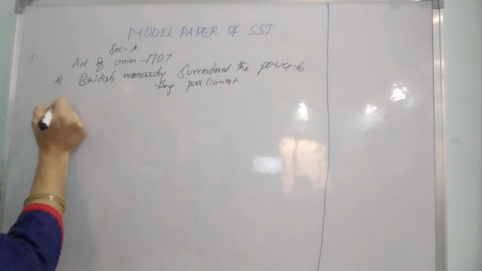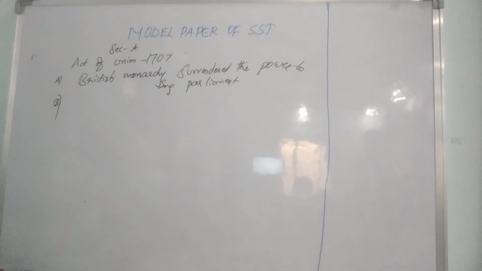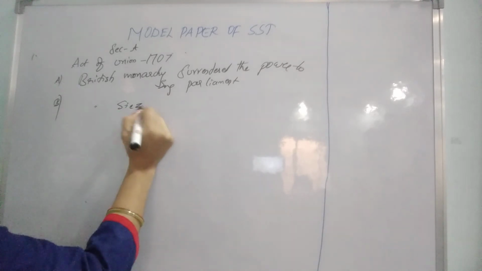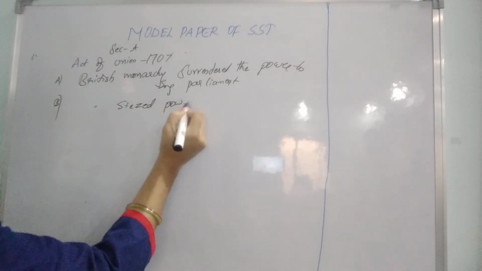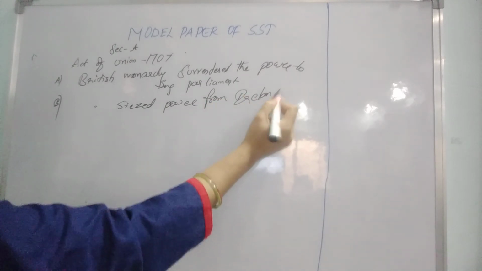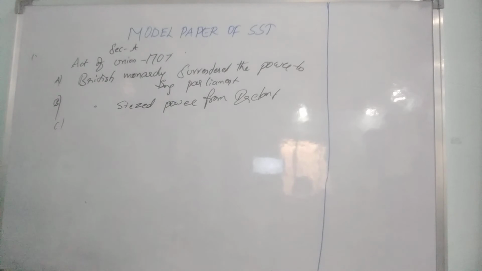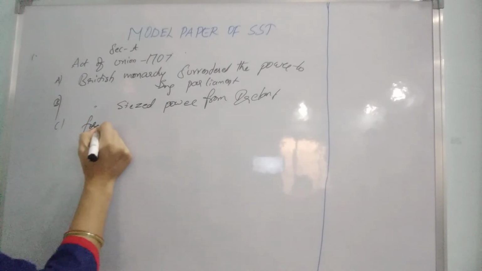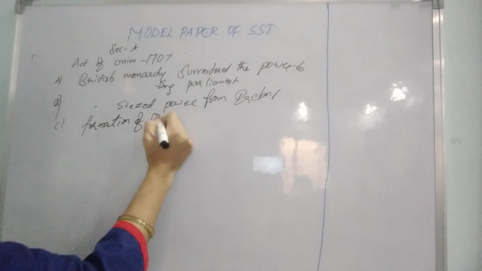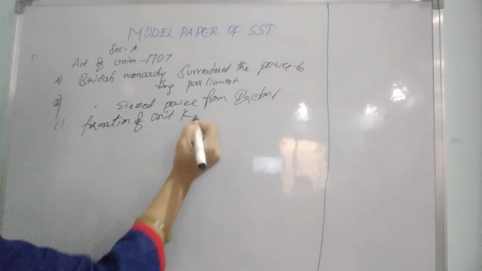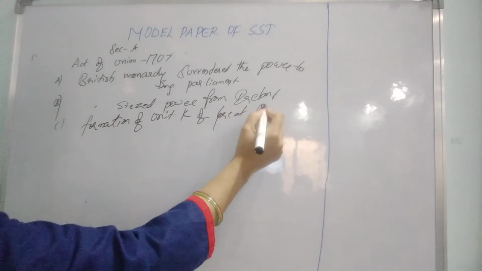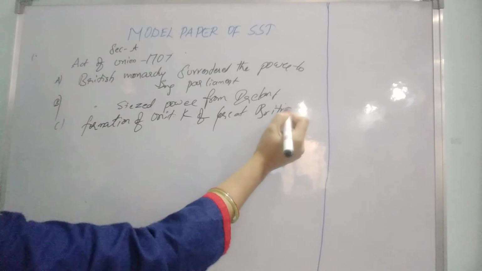We have 4 options for this question. The next option is British Parliament seized power from Ireland. The second option is formation of the United Kingdom of Great Britain.